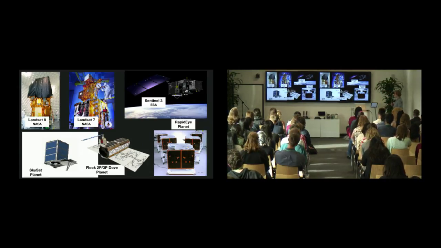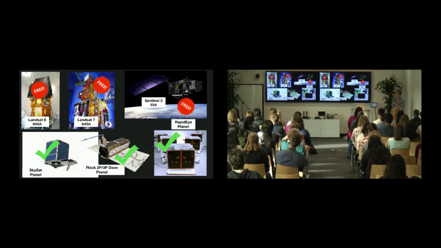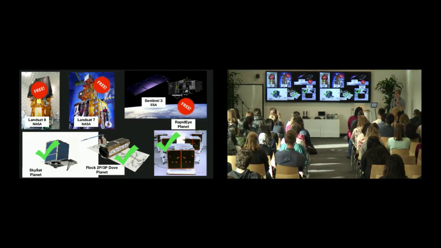We have other sensors from RapidEye, SkySat, and then we also have some of the free satellite imagery from Landsat and the European Space Agency. So they're all different types of sensors and different kinds of imagery. And for the most part, it's free. And there are a bunch of folks at Planet who worked really hard to release a lot of our imagery of California under a Creative Commons license. So quite a bit of it is available under a CC BY-SA 4.0 license.